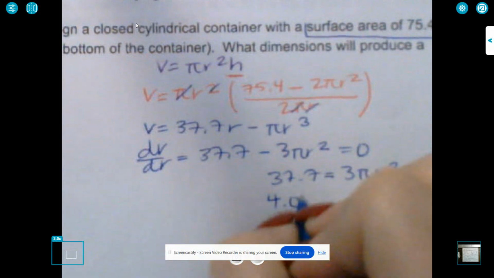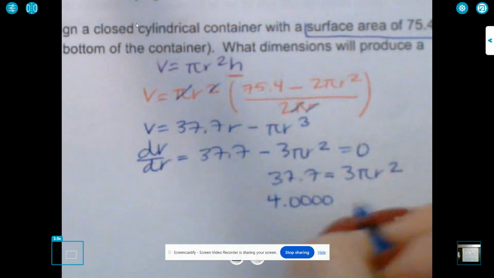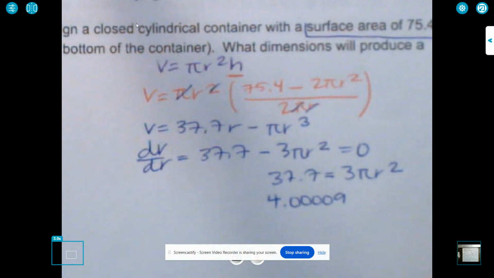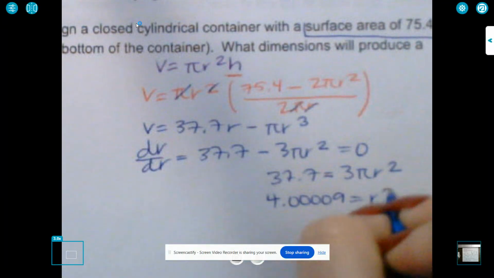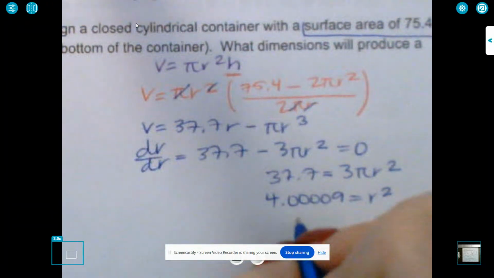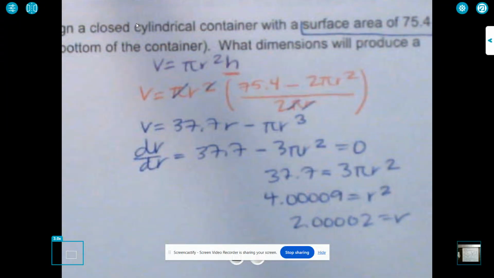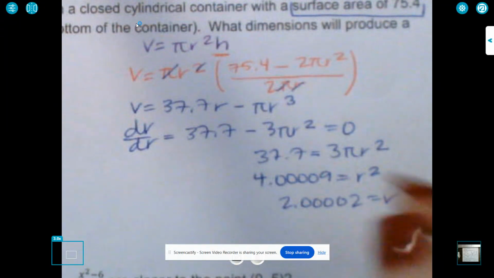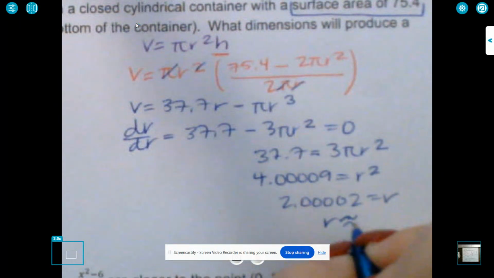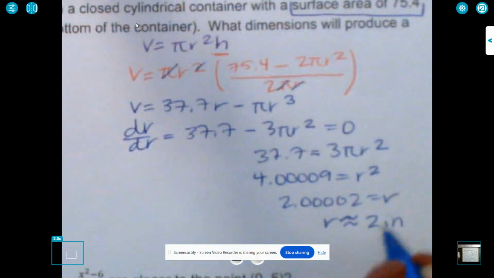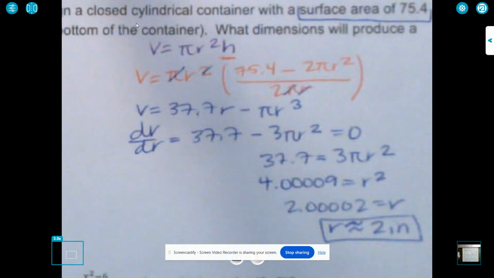And I'm going to go out several decimal places here, further than what we normally do. But that's only because I want to have a value there. And you're going to see it wouldn't matter, because even if we rounded to 4, it would still just give us an r is approximately 2 inches. So we know what our r is.